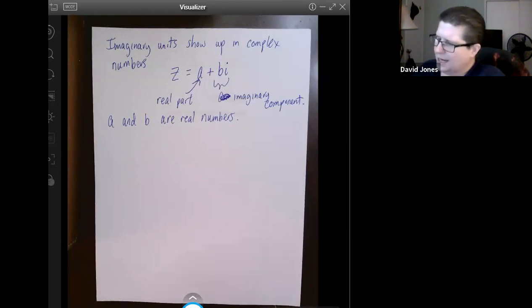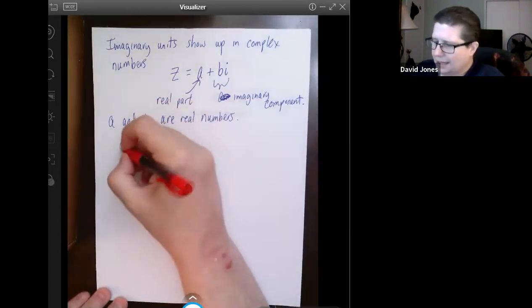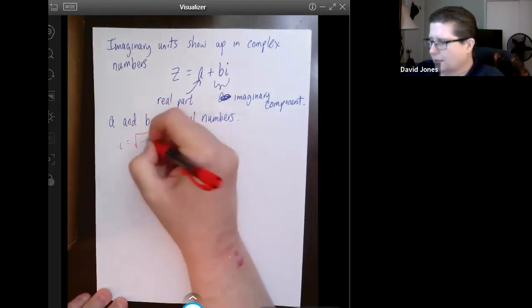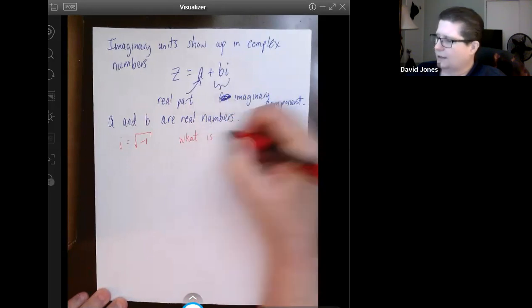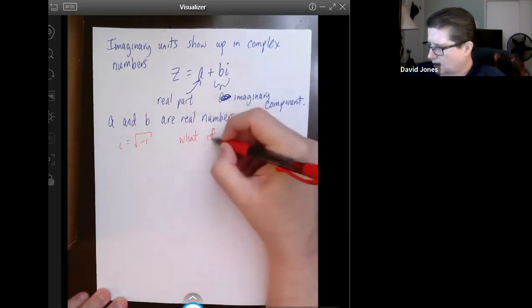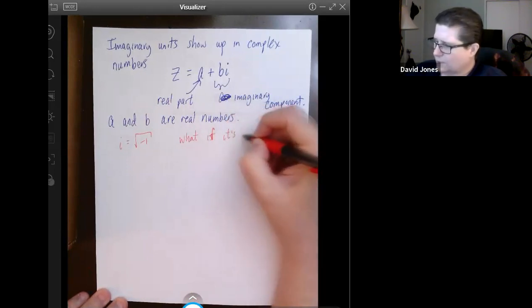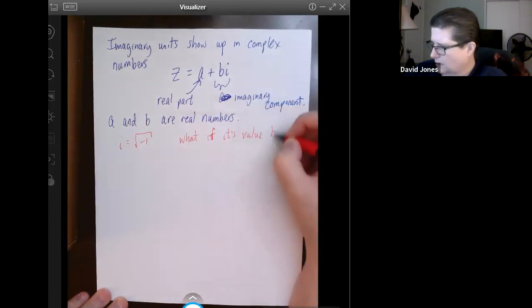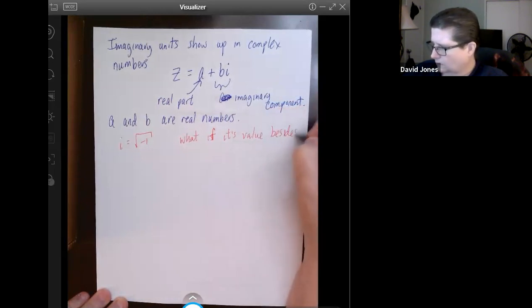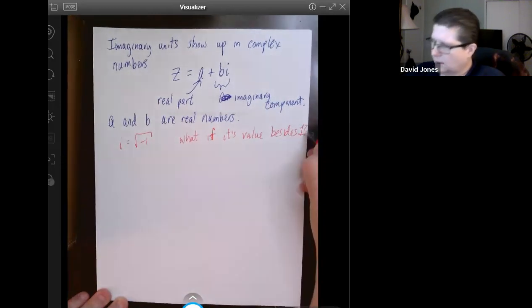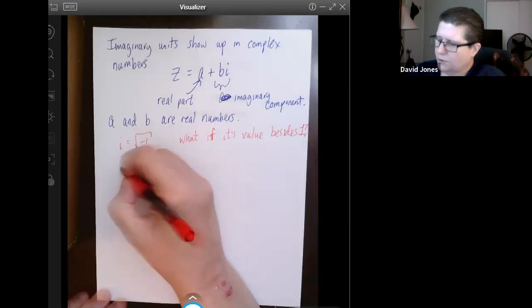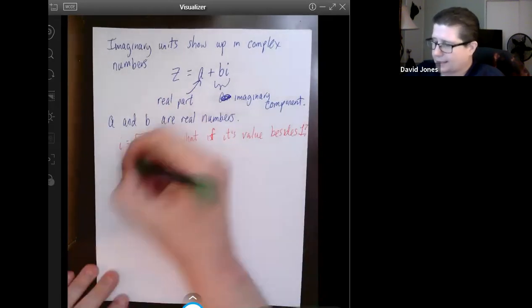Well, we've got i equals the square root of -1. What if it's a value besides -1? Say I've got the square root of -3.